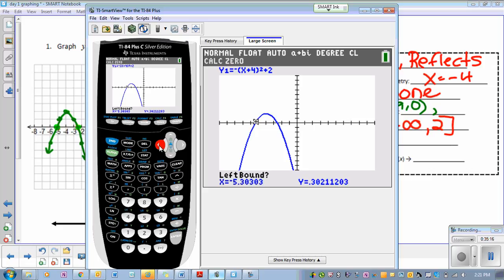You have to know how to do this. Your y should be 0.